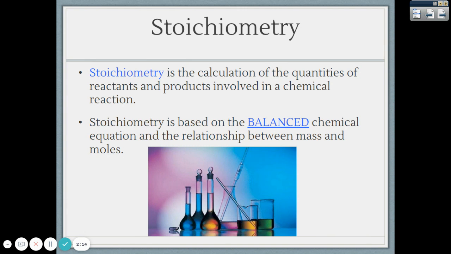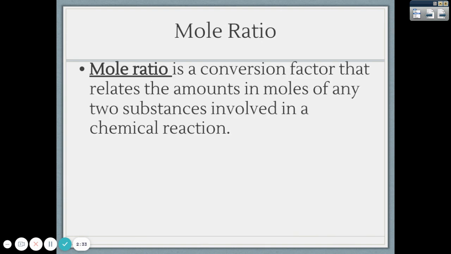So it is based on a balanced chemical equation. So you do have to double check that your chemical equation is always balanced. And that's how we find the ratio, that relationship between the different compounds, and gets us that relationship in moles.